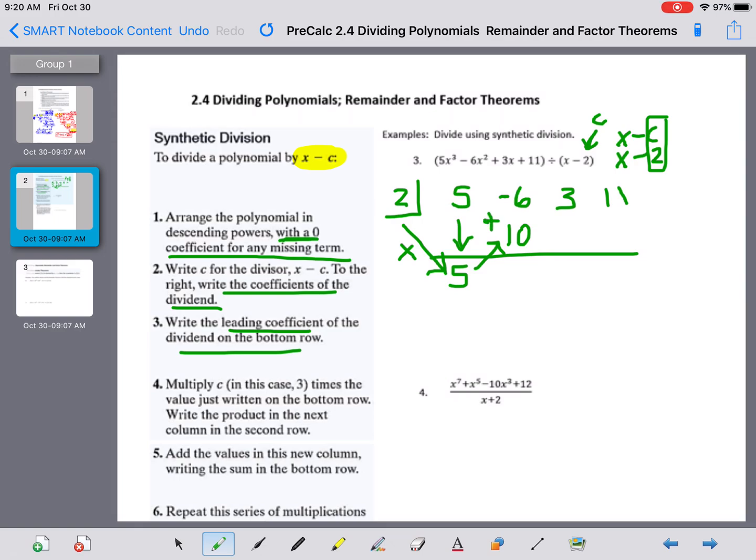Negative 6 plus 10 is 4, okay? Now once again, I take this number over here, and I multiply it times the 4, which is 8, and just put it up here. I add coming straight down, so I get 11. I take my corner number, and I multiply it times that 11, and I get 22, and I put it up there. And then I add coming straight down, and I get 33, okay?